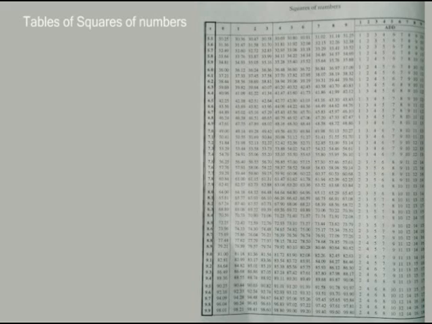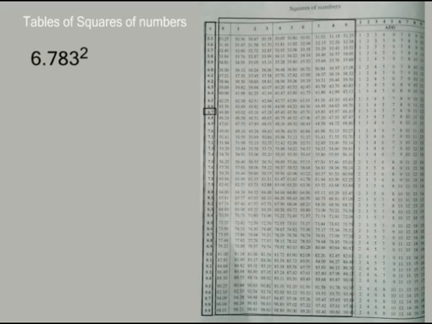That is to say, if we want to find 6.783 squared, the first decimal place, 6.7, is found in this column X here. This column is then followed by 10 columns headed by 0, 1, 2 up to 9. These columns provide the second decimal place of our number.